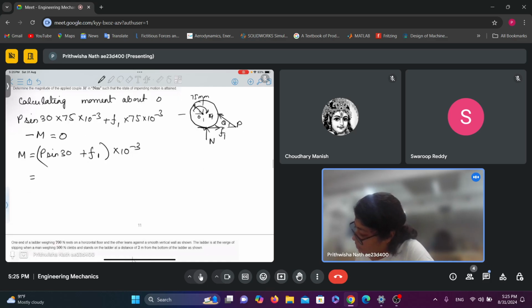Now P is calculated as 72.41 into sin 30, and F1 is mu s, which is 0.3, multiplied by N, which is 209.04, into 75 into 10 to the power minus 3.